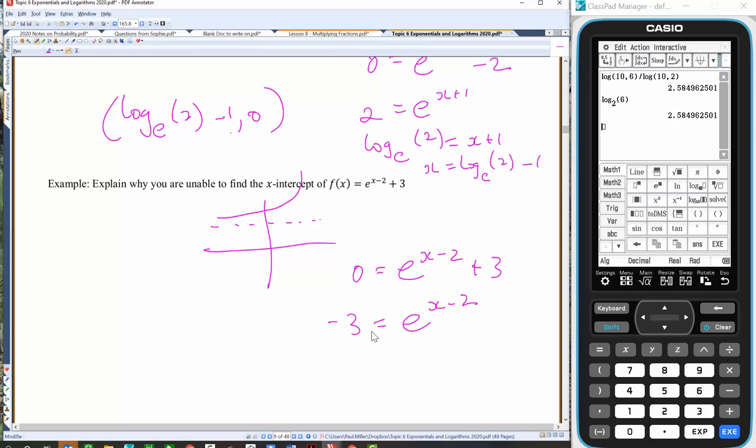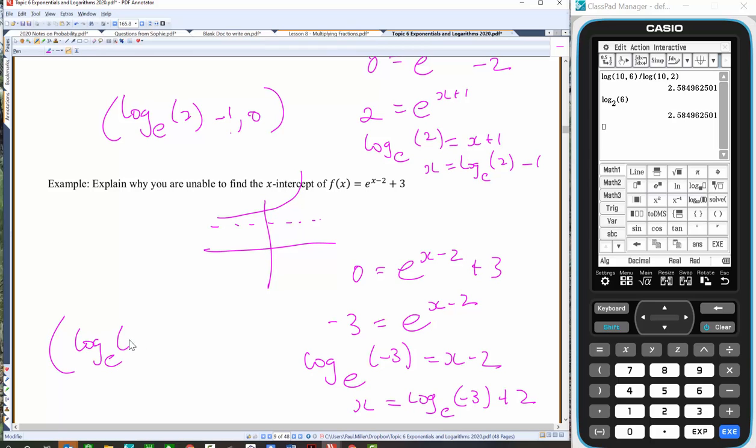Oh, what's wrong with this? Log e -3 equals x take 2. x is equal to log e -3 plus 2. We've got it. The coordinates are log e -3 plus 2, comma 0.